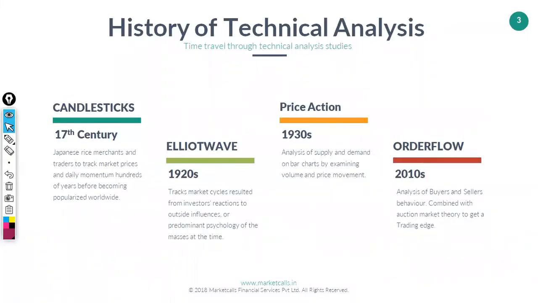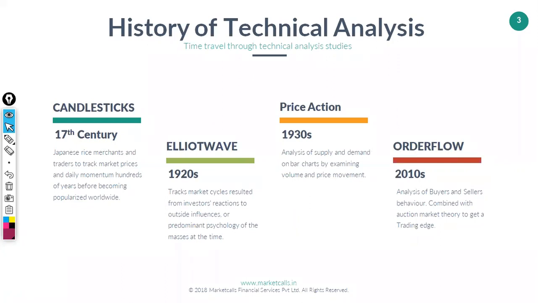This is a brief history of technical analysis. In the 17th century, we were introduced to candlestick studies from the Japanese rice traders. Then from the 1920s we got the concept of Elliott wave, which combines the psychology of the markets with tools like Fibonacci. Elliott wave is all about trying to understand mass psychology.